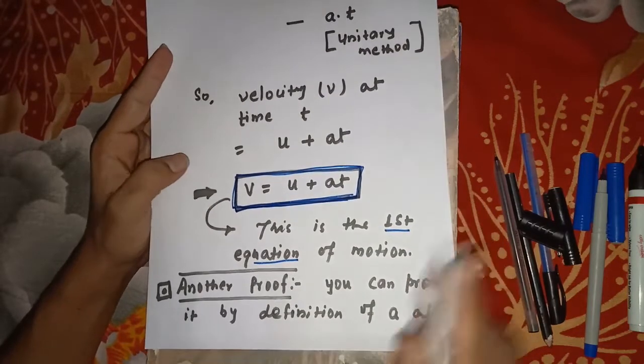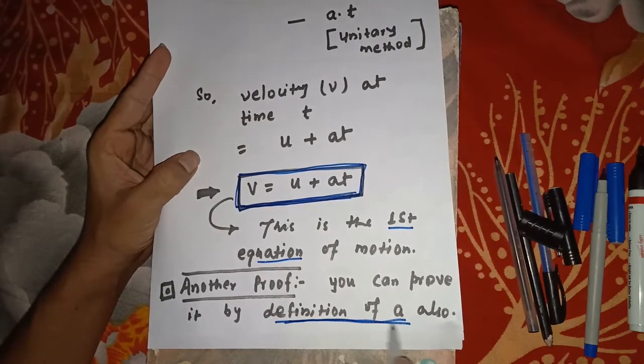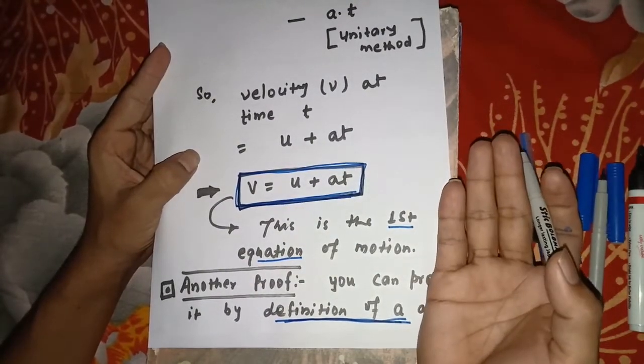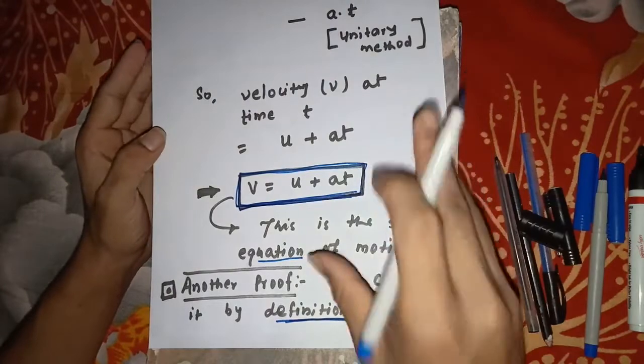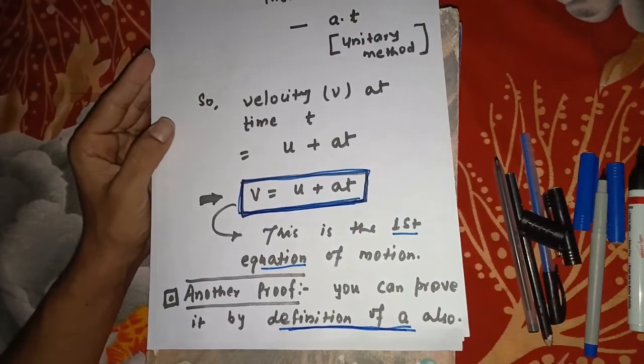I have already told you that you can prove it by the definition of a also, because a is equal to v minus u by t. That's why you can manipulate this expression and you can get v is equal to u plus at.